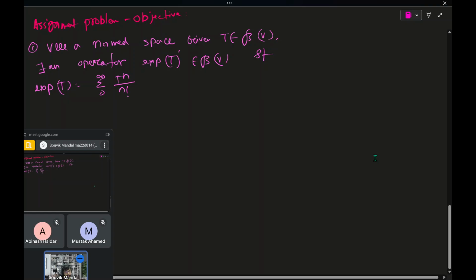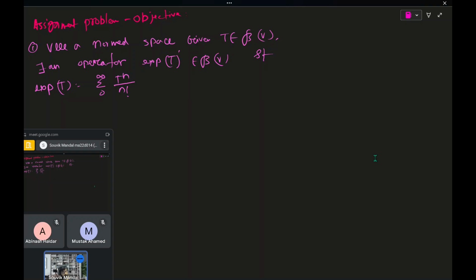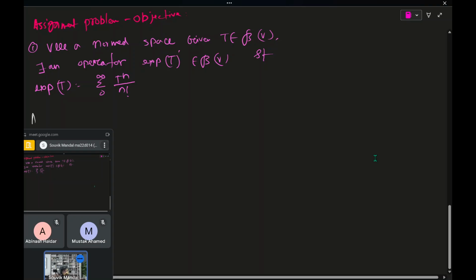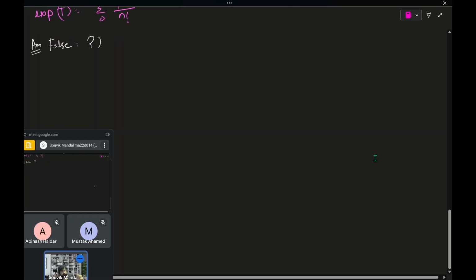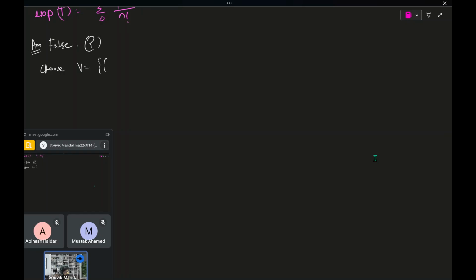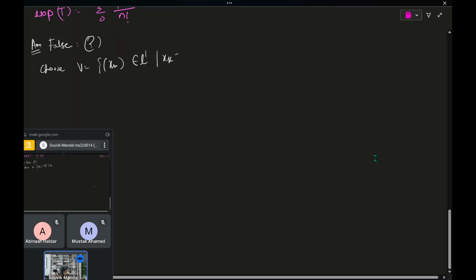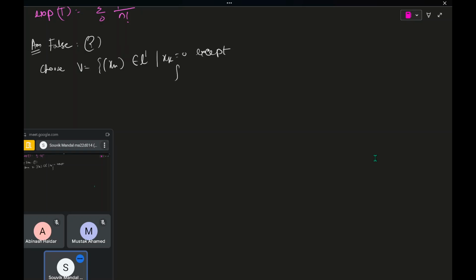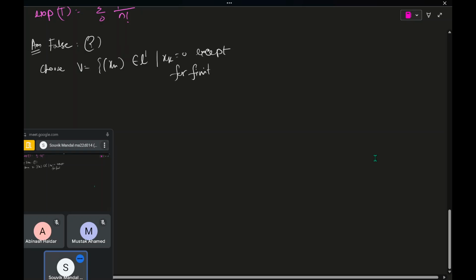So what is the counterexample? The answer is false. Why? Choose V to be the following space: the sequences in l1, x such that xk equals 0 except for finitely many k.